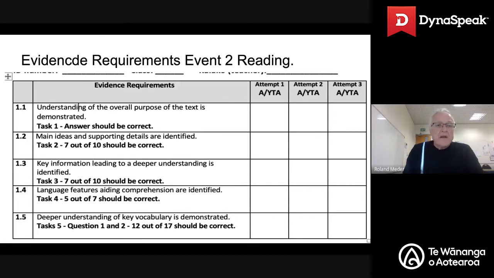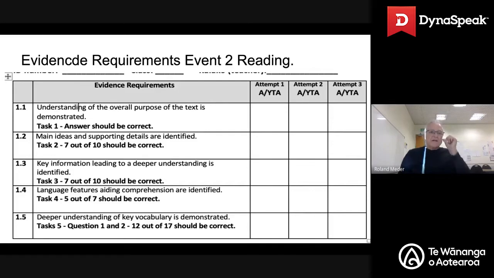Part 4, language features aiding comprehension are identified. Now this one is usually related to interpreting the use of pronouns or relative pronouns. You will have covered this in class, and this task just allows us to see that you understand how these relative pronouns or these pronouns are used.